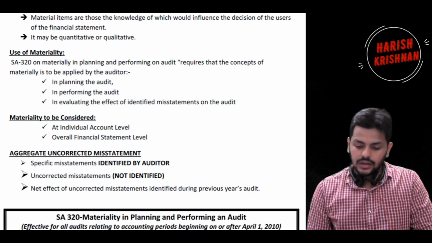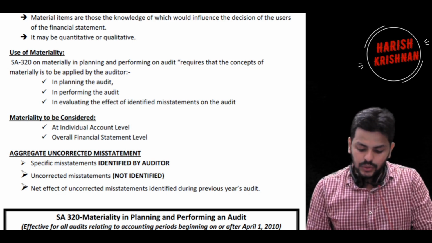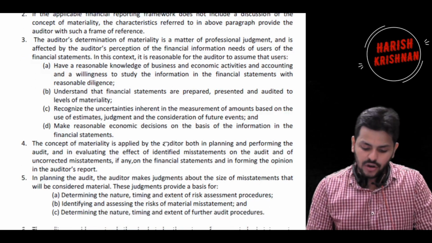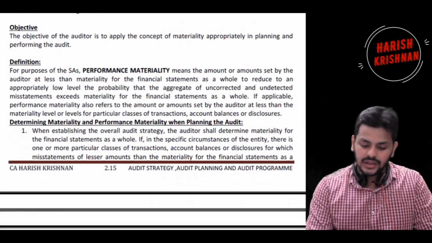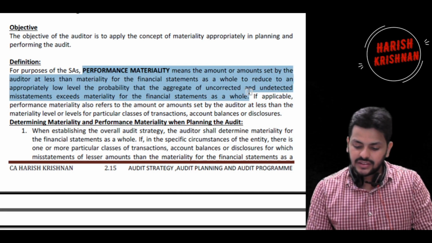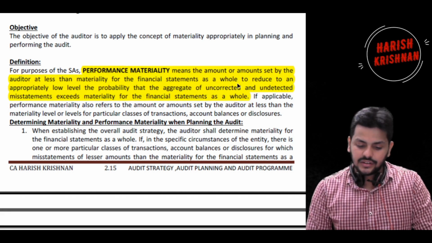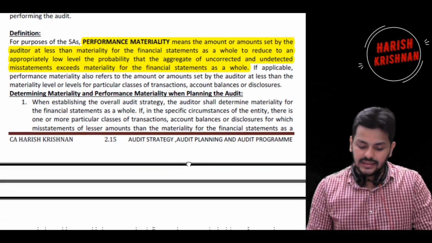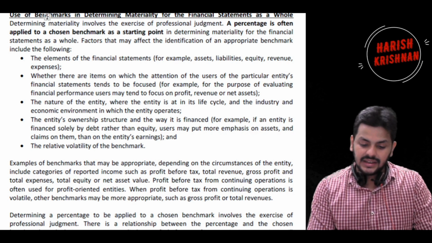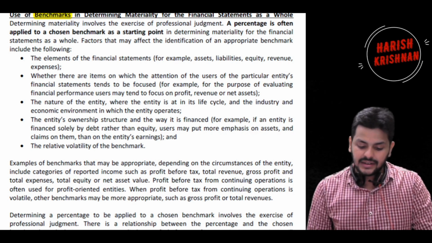You can see there, straight out of that material, we will now pick up the definition of performance materiality. Check this out straight from the material. Dash means amount or amount set aside was the question they asked, and that is the answer there. From the next paragraph in this, you can see what is benchmark materiality. That is also a concept directly out of your book.